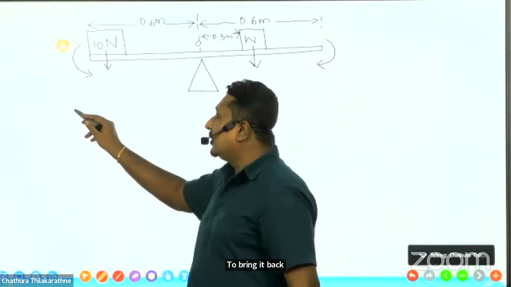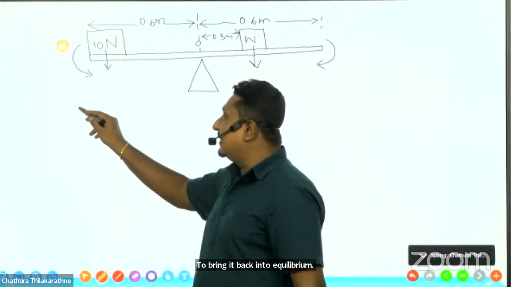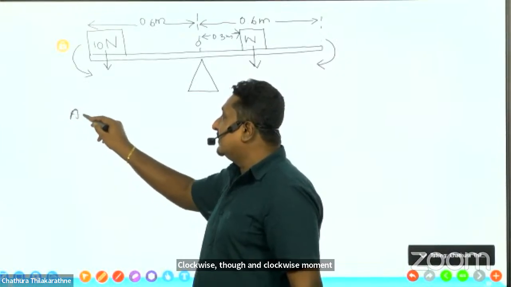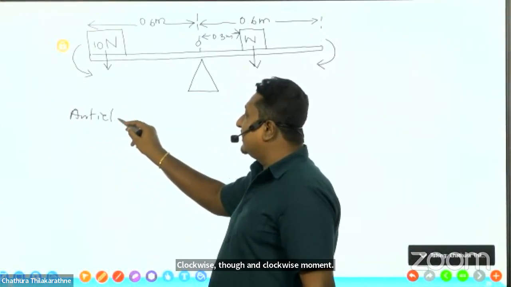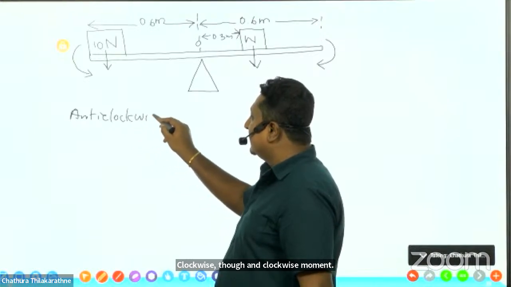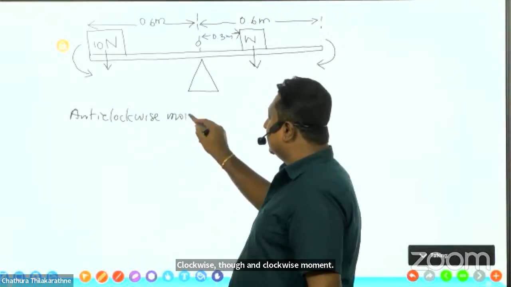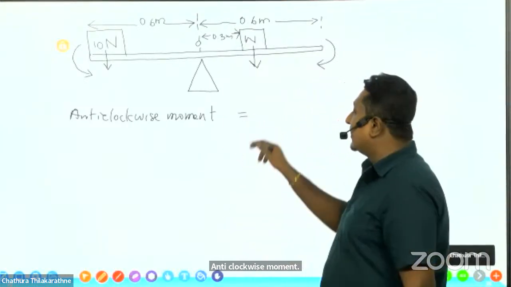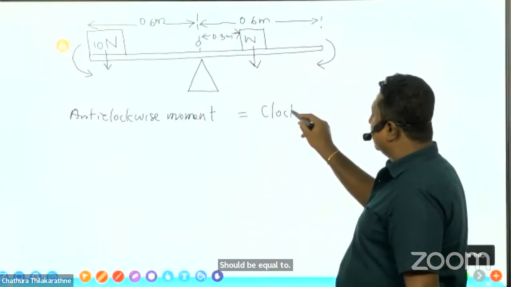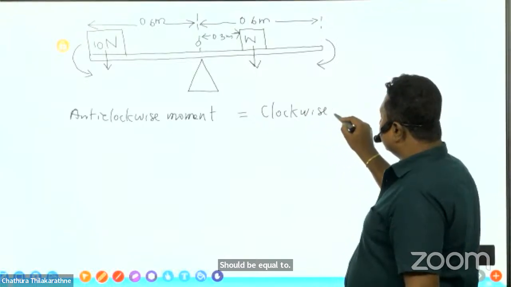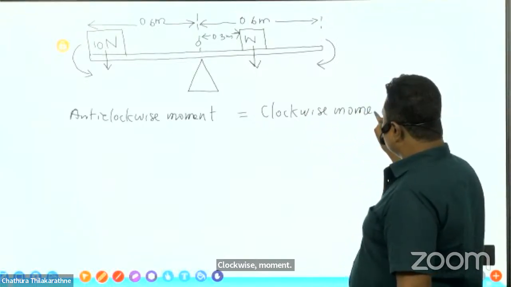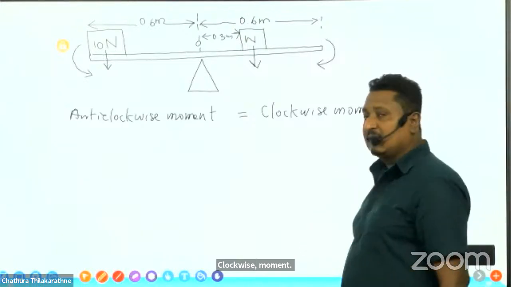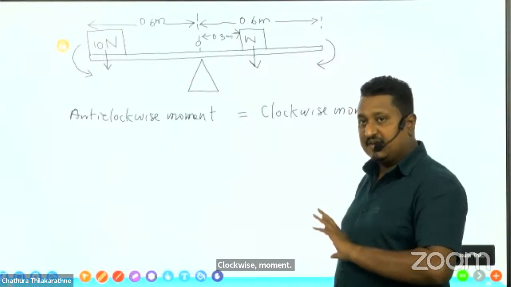Then the anti-clockwise moment should be equal to the clockwise moment because the object is in balance.